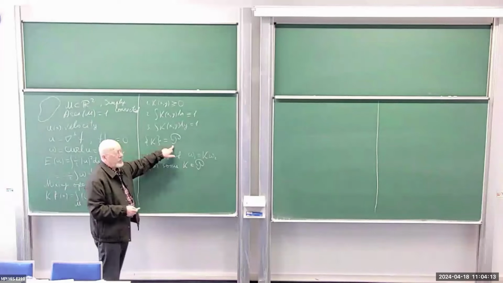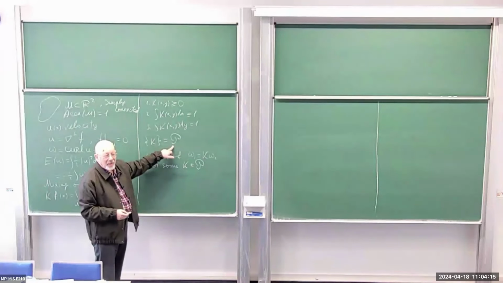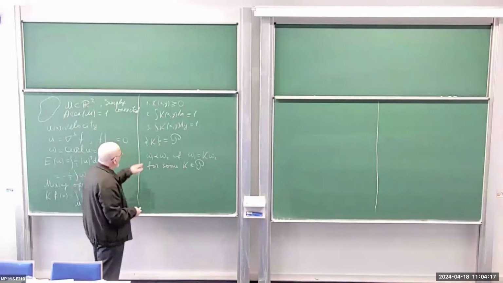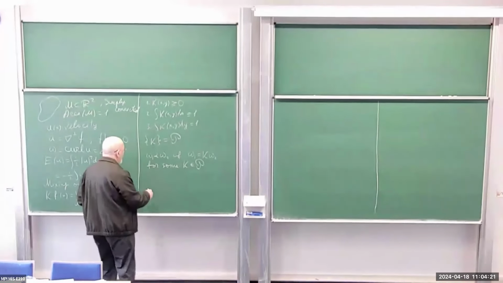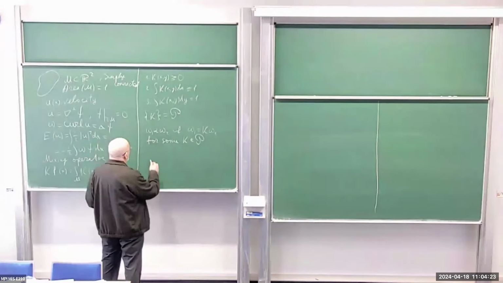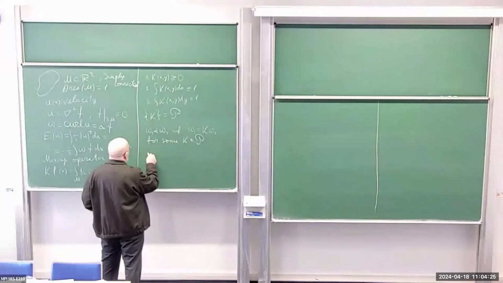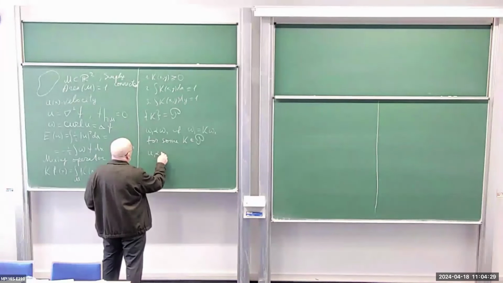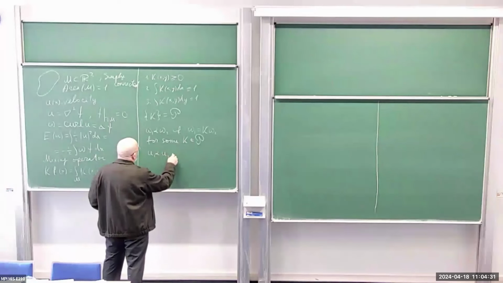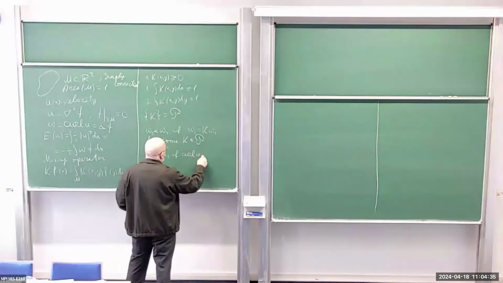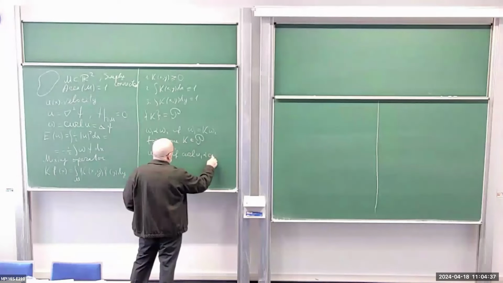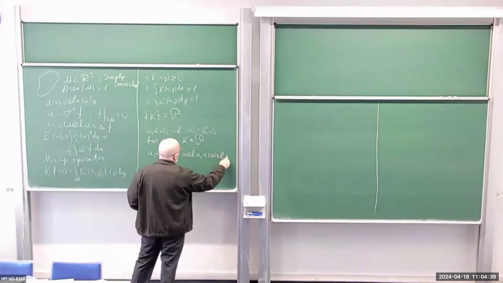P is a semigroup. So this is a partial order. So I write U1 less than U2 if curl U1 is less than curl U2.